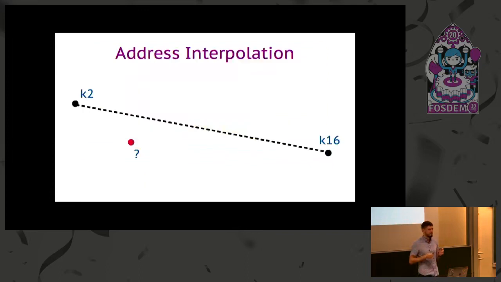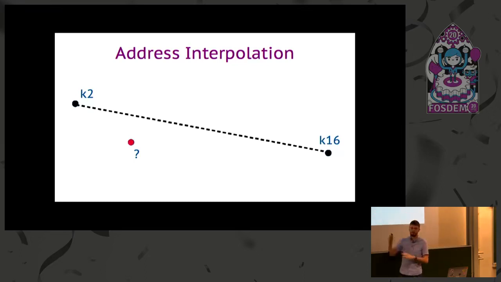OpenStreetMap data model provides multiple challenges, some of which are quite hard, even for me, like address interpolation. What is the address of that point? Anybody? Take a guess. Yeah, for example, K6. It's plausible. You just find the nearest point on the interpolation line. Interpolation means there are multiple sequential numbers on that line from 2 to 16.